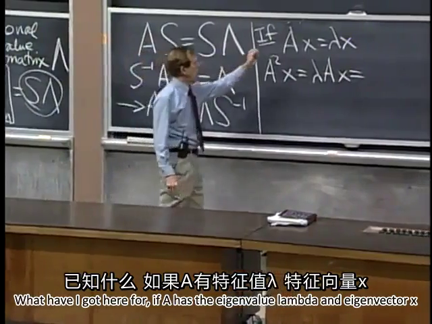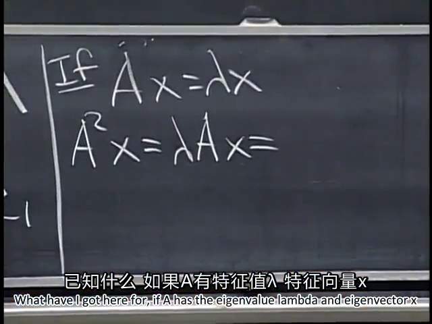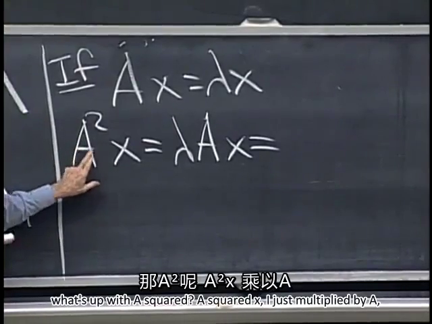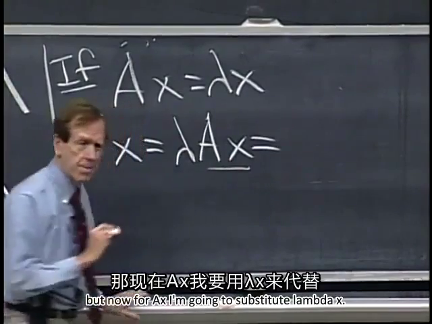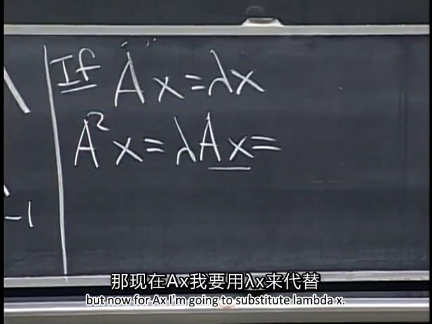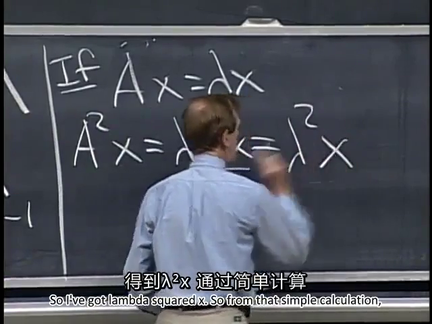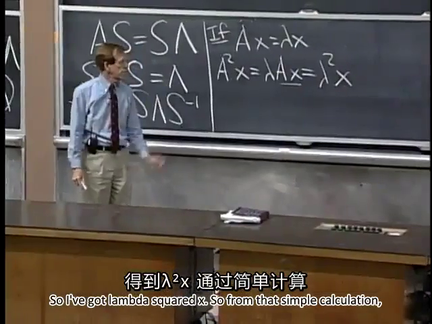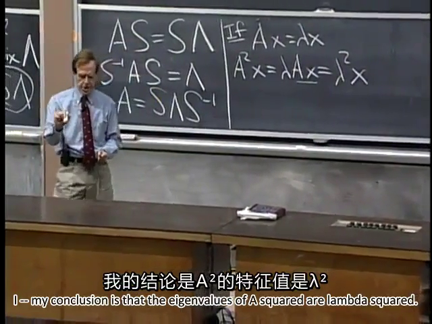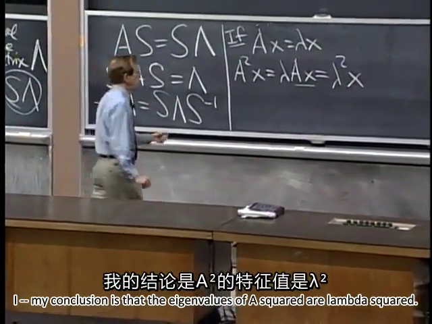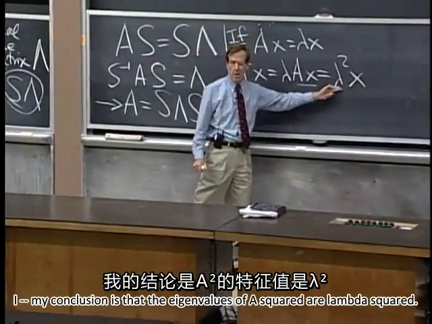If A has the eigenvalue lambda and eigenvector x, what's up with A squared? A squared x, I just multiply by A, but now for Ax I'm going to substitute lambda x, so I've got lambda squared x. So from that simple calculation, my conclusion is that the eigenvalues of A squared are lambda squared.